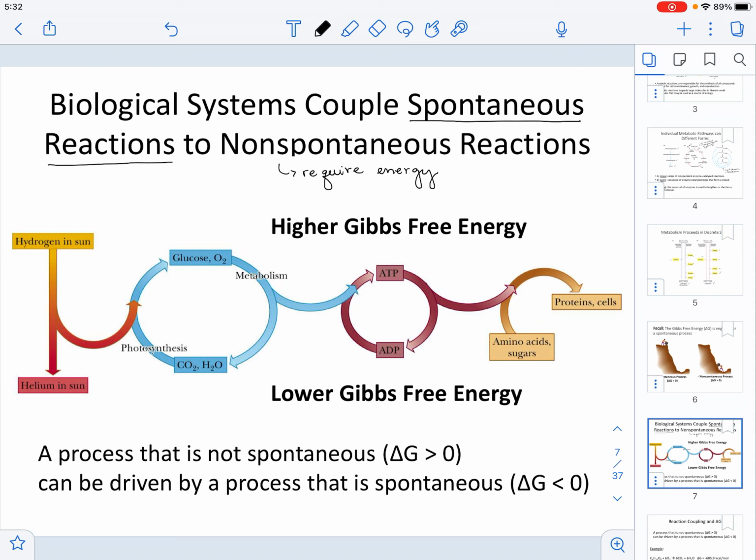So as you can see here, the sun gives energy into the system. Here it illustrates how the hydrogen in the sun can be converted to helium. I'm not going to be exploring that specifically, but we can imagine how the sun, in the process of photosynthesis, is going to give energy.